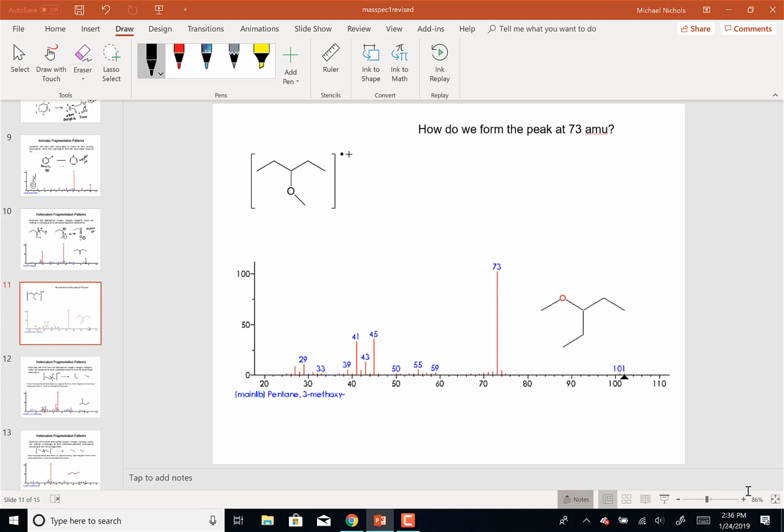Do we know which one we want to cleave? Well, we want to cleave a bond that's attached to this carbon, right?